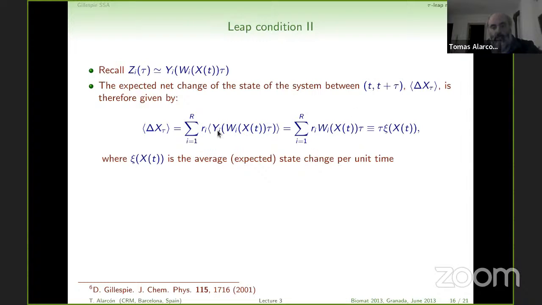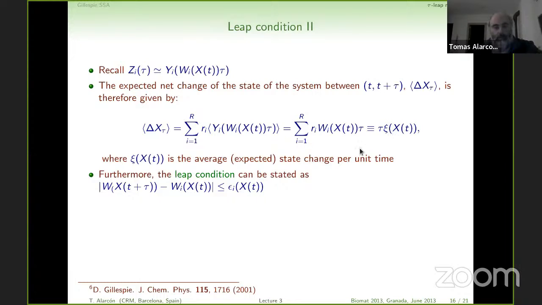The average of the Poisson distribution with parameter lambda is just the parameter lambda, so W_i multiplied by tau. Now we take tau out as a common factor of the summation, and we can write this in this way, where this quantity xi of x, which is basically this quantity without the tau, is the average expected state change per unit time. So that's kind of a rate.